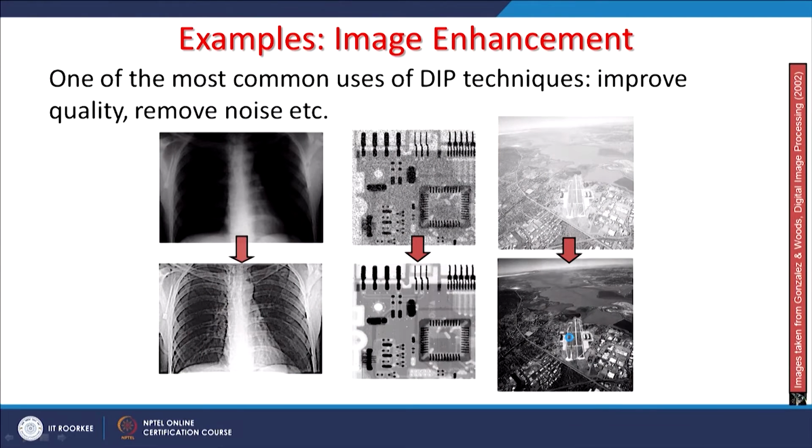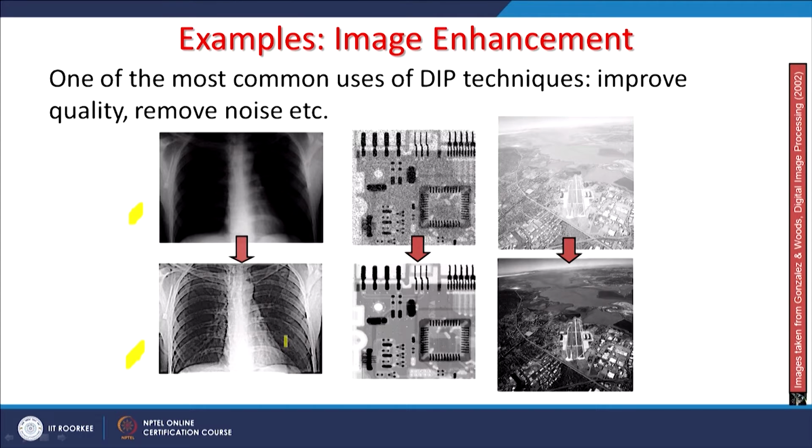Now there are simple enhancement techniques which other domains also use, like medicine or the medical sciences. The top one is this X-ray, and what we are seeing is that if we do simple enhancement like contrast enhancement and other things, we start seeing much more detail in that X-ray compared to the original.